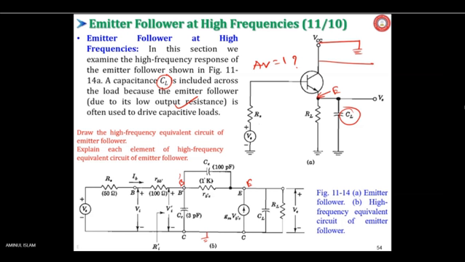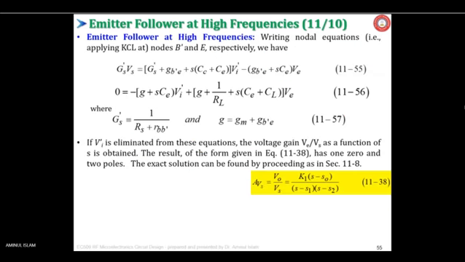So looking at this and using KCL as we have done earlier, nodal equations can be written. This kind of equation we have already seen in the last class. These equations can be written as we have done earlier, and Gs' can be written as 1 upon Rs plus rbb', and G equals gm plus gb'e. If Vb'e is eliminated from these equations, the voltage Ve by Vs as a function of s is obtained.